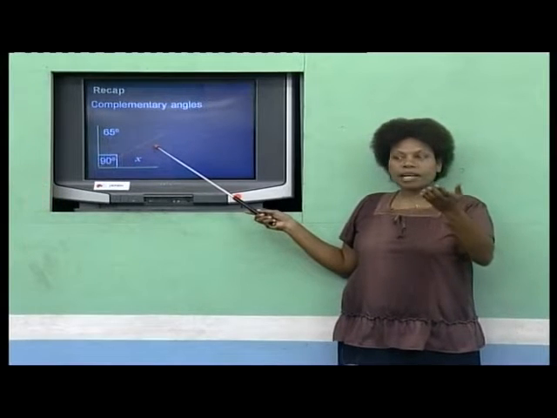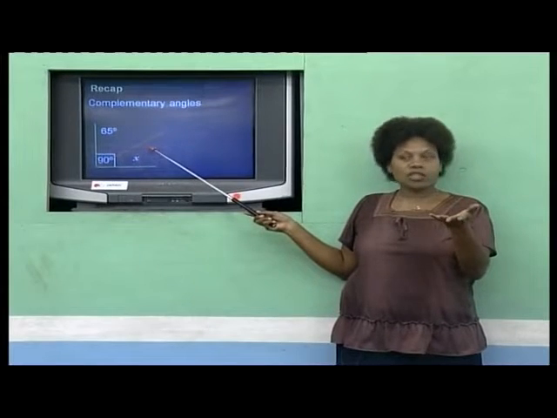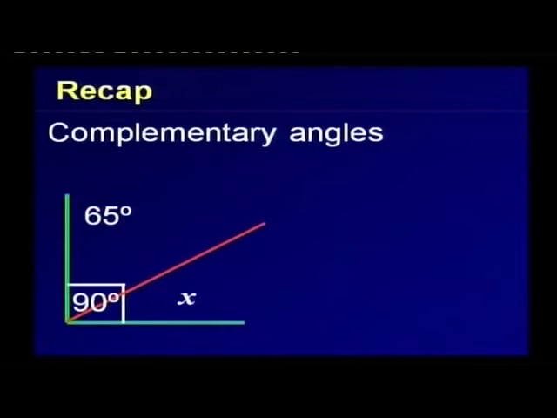And I'd like you to tell me, how did you work it out? How did you work out your answer? Okay, receiving students, you give your answer, but you also tell us how you worked it out.